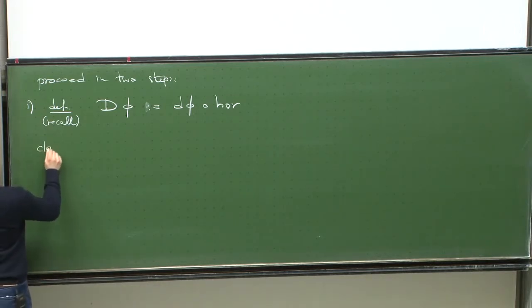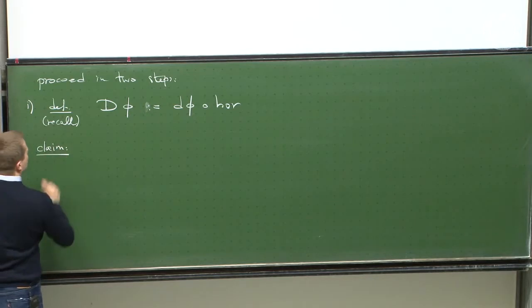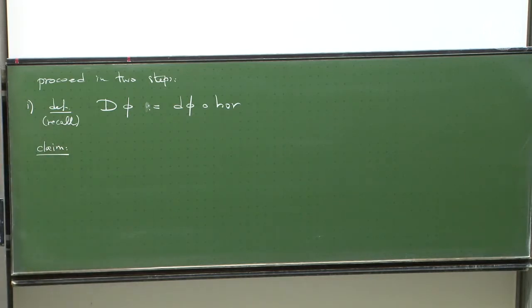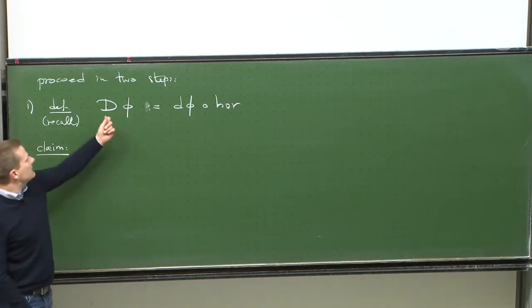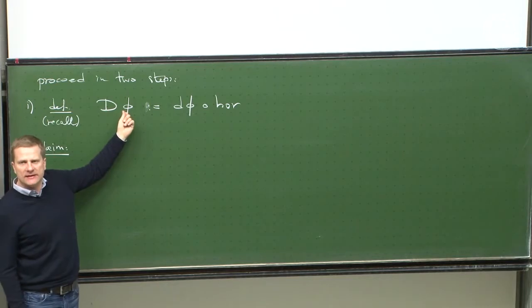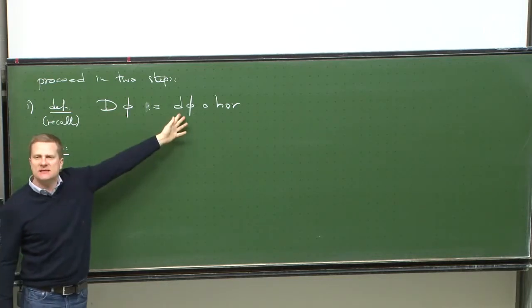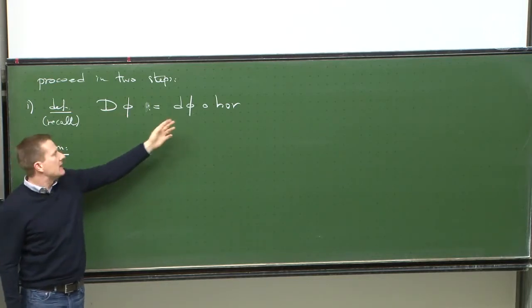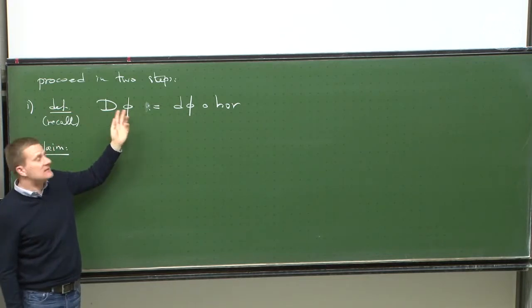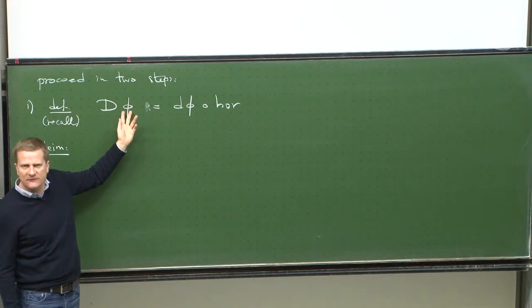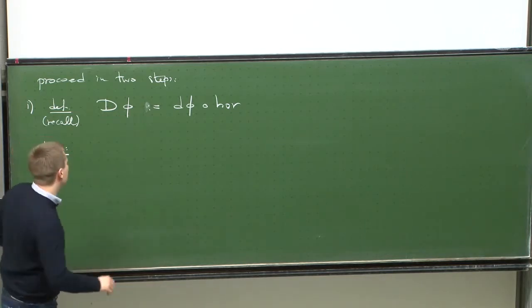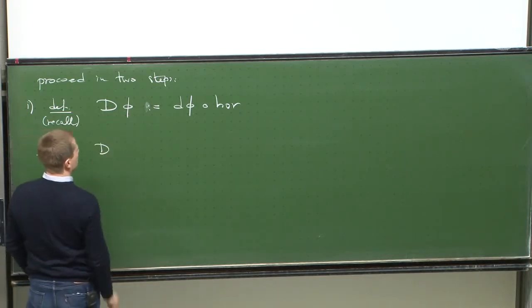Now, having made this definition, I make the following claim. And we made a similar claim before, but before we made this claim for the connection 1 form. If the D was acting on the connection 1 form, we had an explicit expression for this. Now it's acting on something different. It's acting on some G invariant 0 form that's F-valued. So we have to think again.